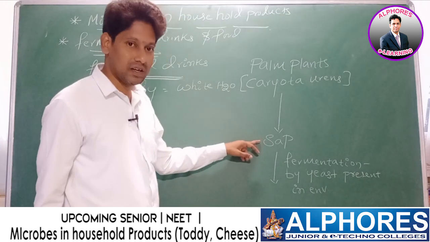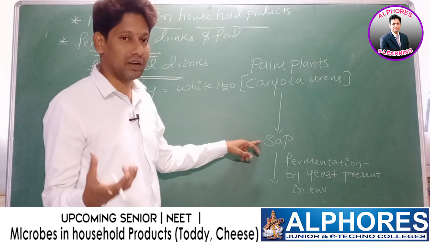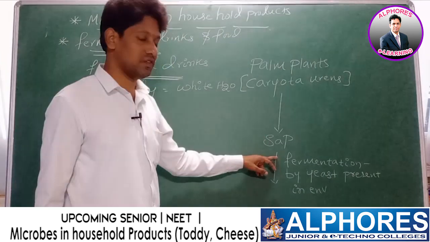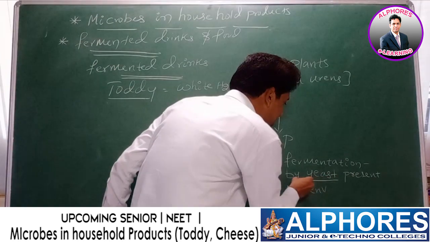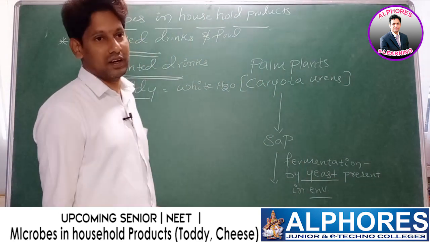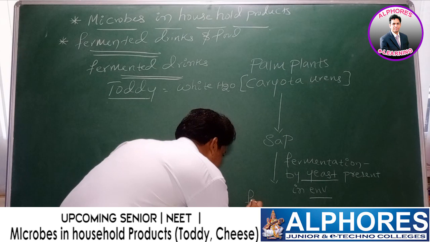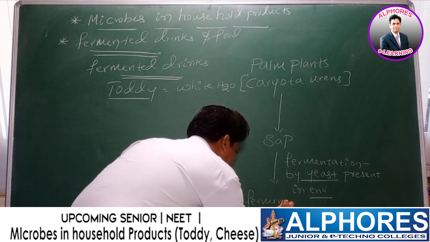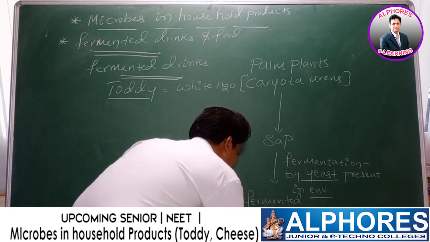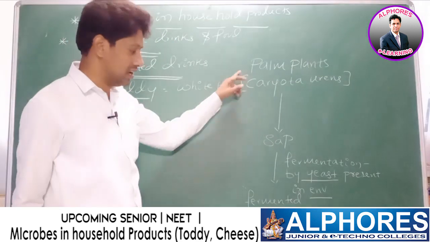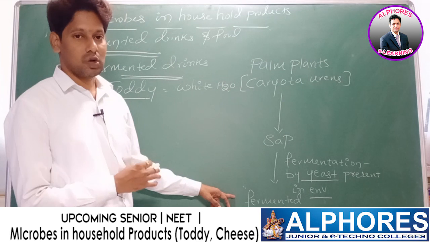This sap, which is collected in a pot, undergoes fermentation with the help of yeast present in the environment. Now this is a fermented sap. This fermented sap of palm plant is called toddy.